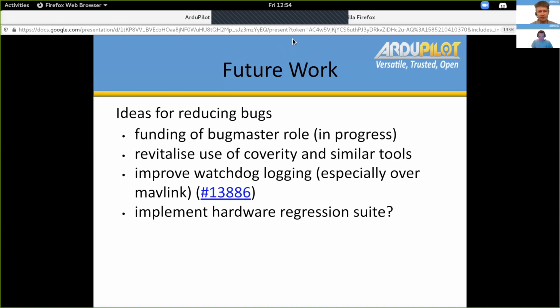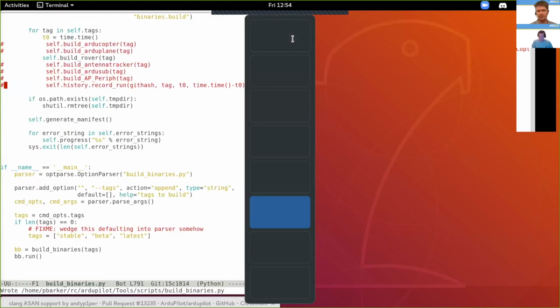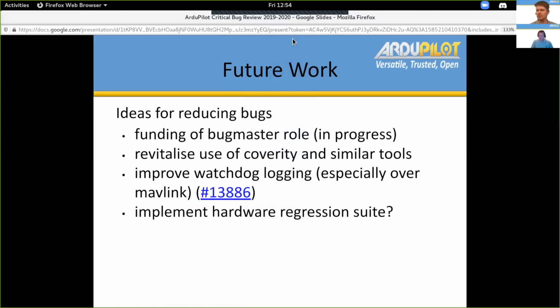The pull request which somebody's got there for Clang ASAN support is 13235. So if you wanted to help chase things, Tom, that would be a help. It didn't seem to offer anything that was better than Valgrind apart from being faster, because it doesn't slow you down as much as Valgrind does.